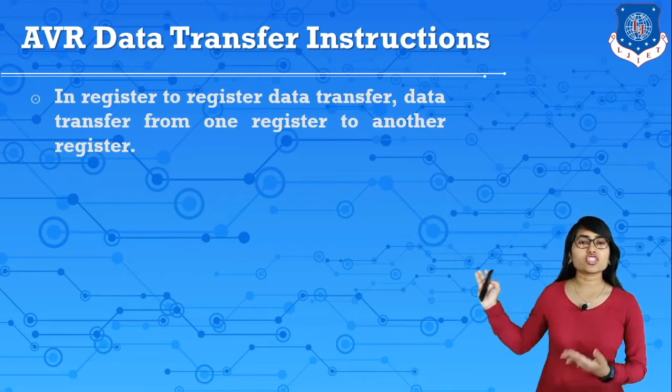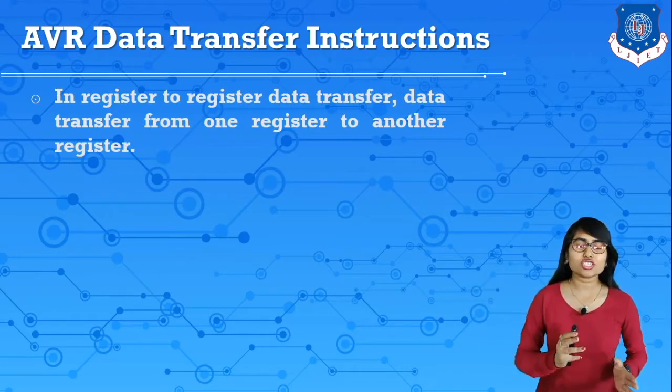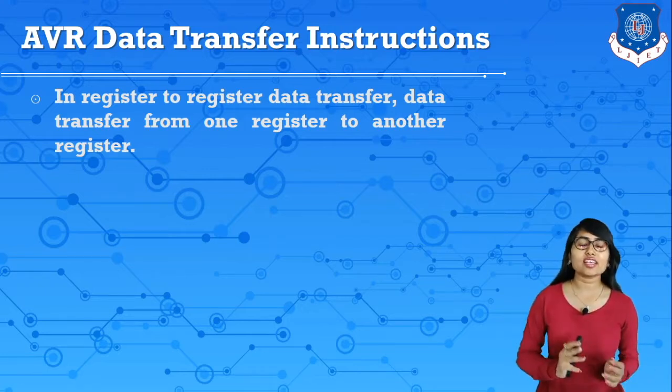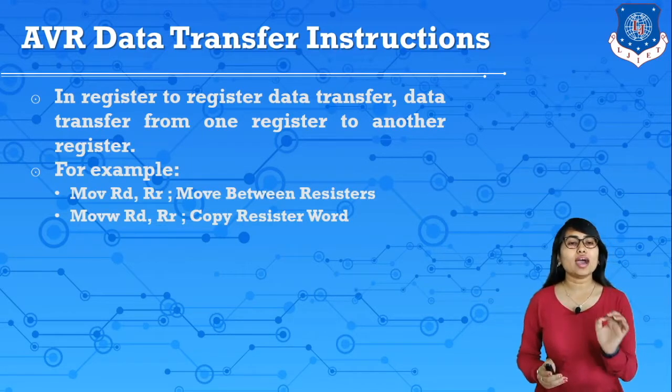In a register to register data transfer, data are transferred from one register to another register. For example, MOV RD, RR.